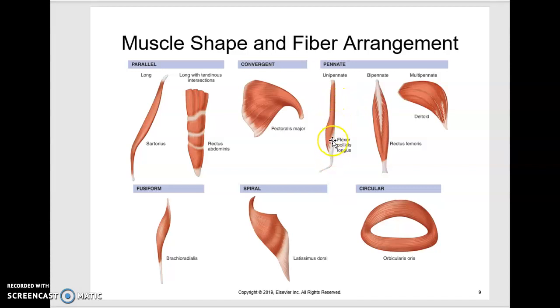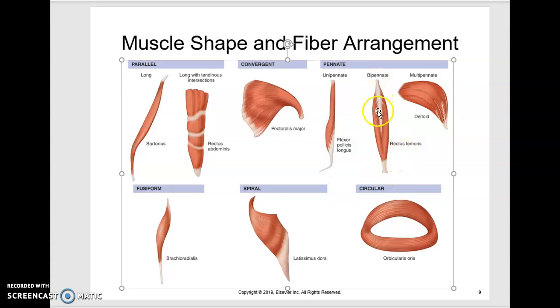So basically you have one tendinous structure, and in this unipinnate case, all the fibers go in one direction down into this ligamentous tissue. Bipinnate, this is rectus femoris, which is part of your quads that we will learn. Flexor pollicis longus is actually a thumb muscle that goes from your forearm.